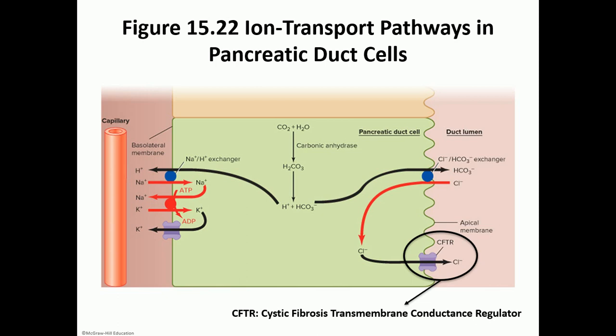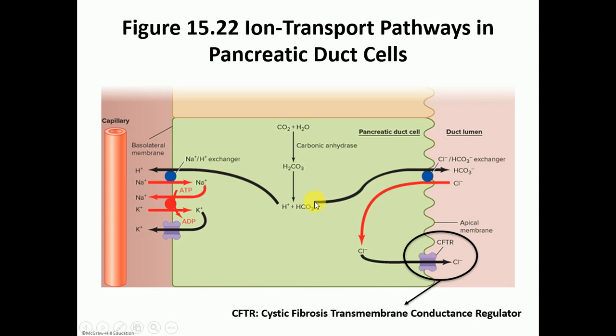Now, how do the pancreatic cells make bicarbonate? That again is by that infamous reaction that we talked about earlier. So carbon dioxide combining with water, under the effect of carbonic anhydrase enzyme, will make H2CO3, which is carbonic acid. H2CO3 will then break down into hydrogen and bicarb.